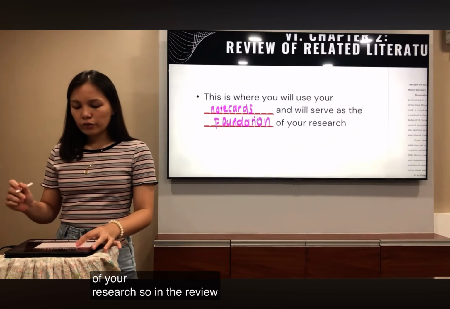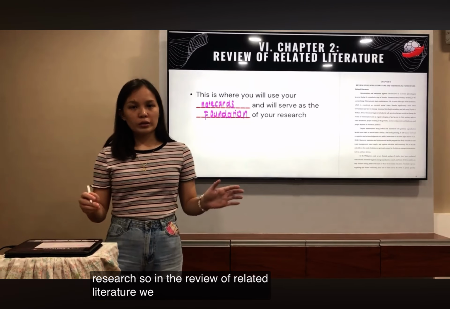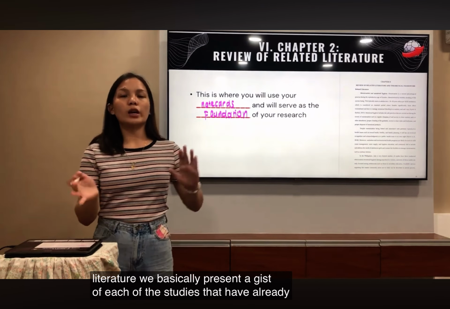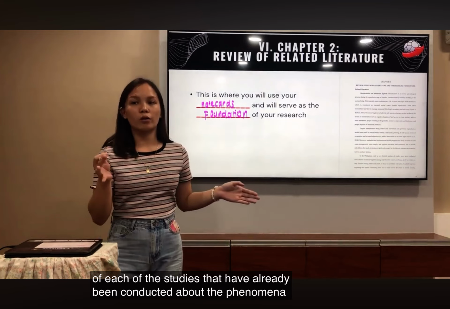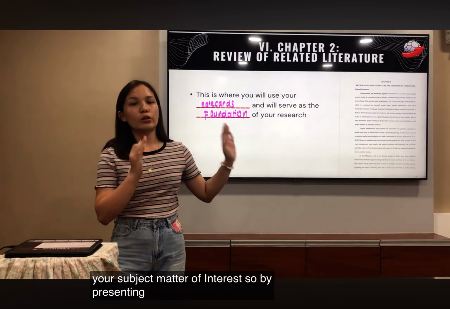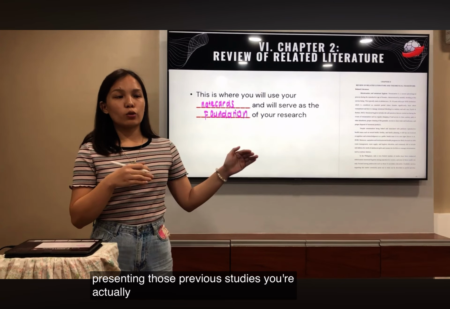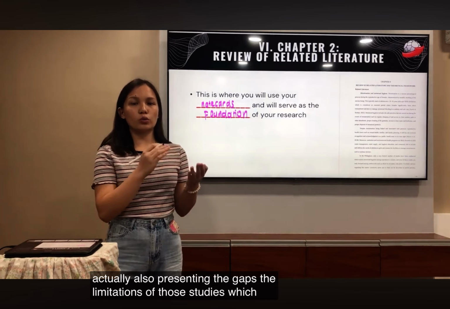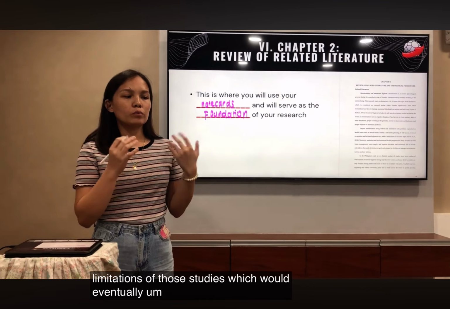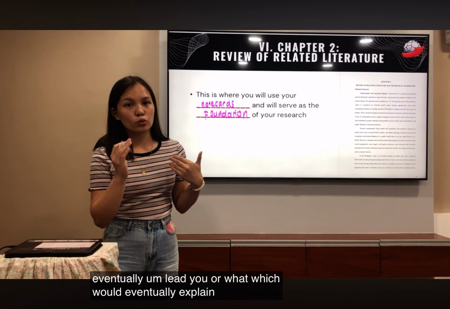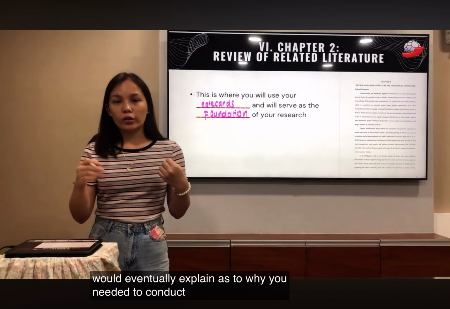So in the review of related literature, we basically present a gist of each of the studies that have already been conducted about the phenomena or your subject matter of interest. So by presenting those previous studies, you're actually also presenting the gaps, the limitations of those studies, which would eventually explain as to why you needed to conduct the research study.